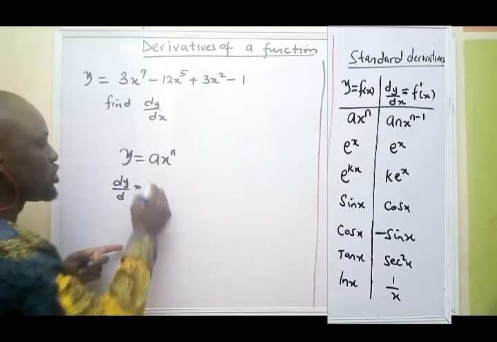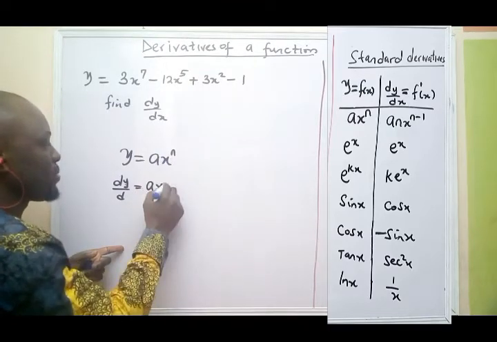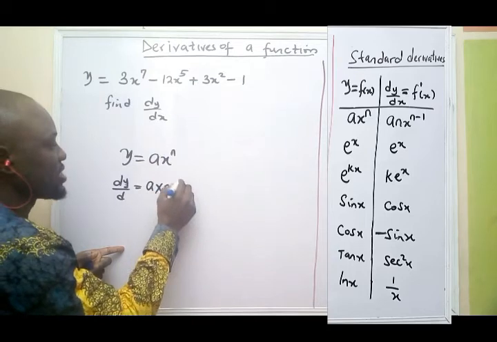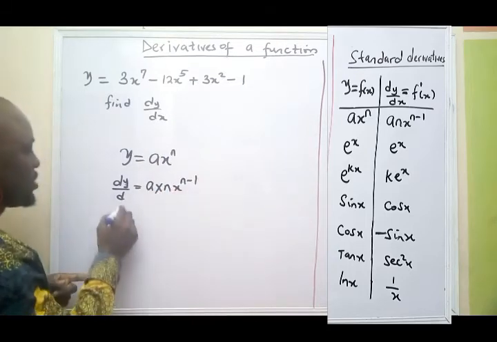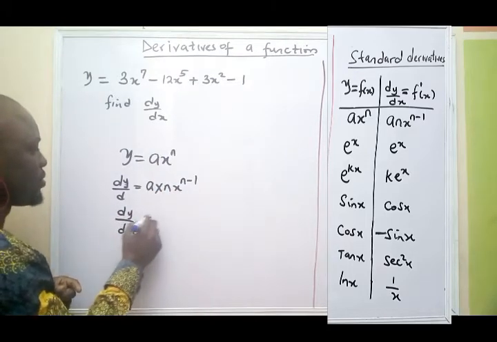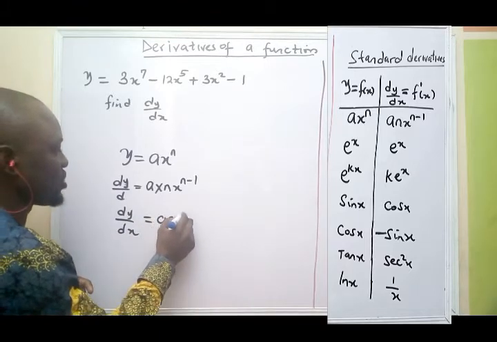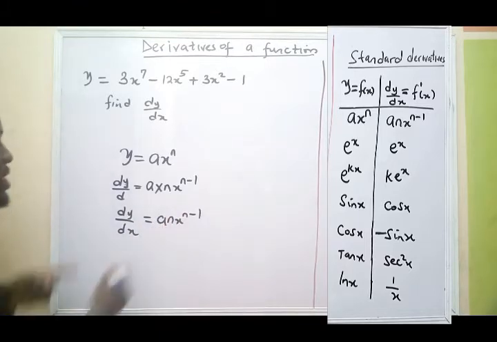Your result will be a multiplied by n, then x raised to the power n minus 1. So dy/dx gives me a·n·x raised to the power n minus 1. So this is the derivative.